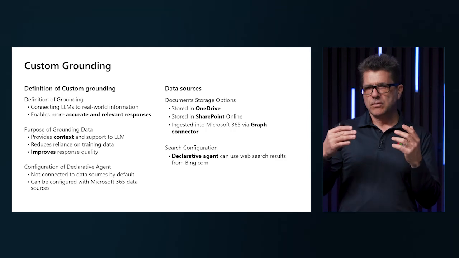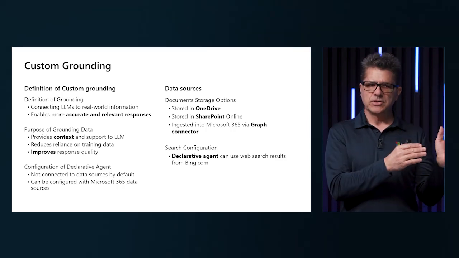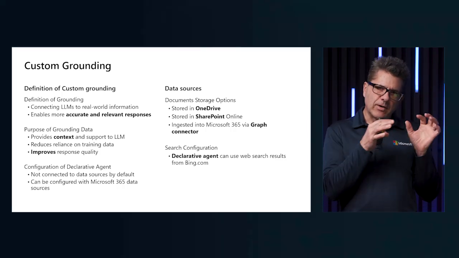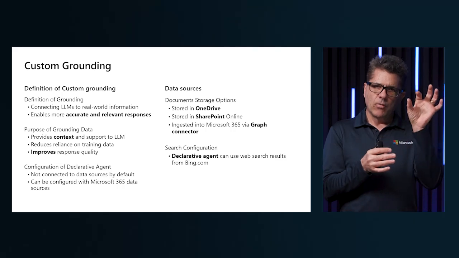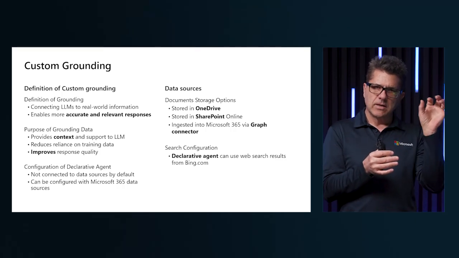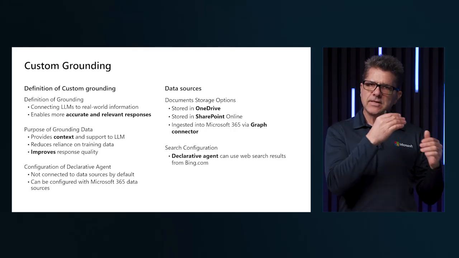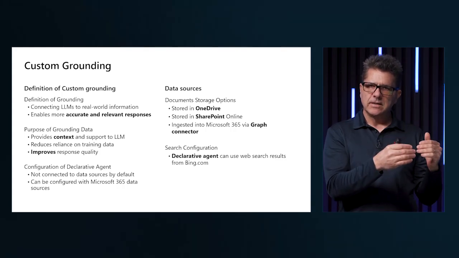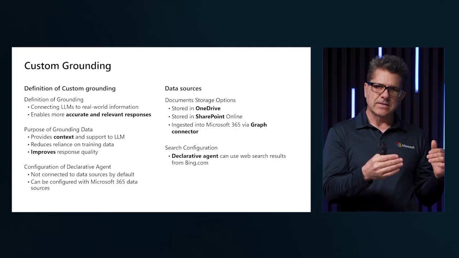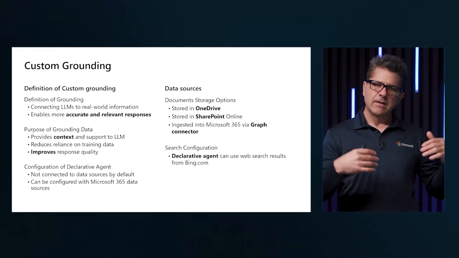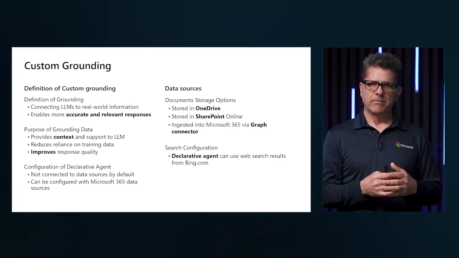Or maybe I'm going to use Bing search as a result. So the grounding of this data dictates what are going to be the sources where this data has come from that I'm going to interact with this. This improves the context and reduces reliance on the training data for the base model.